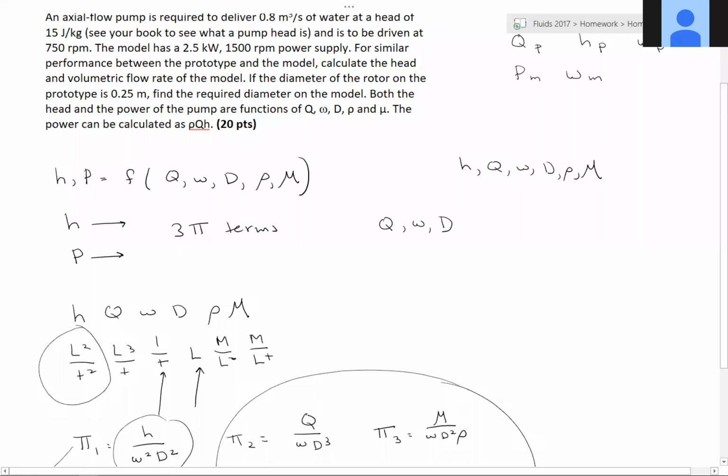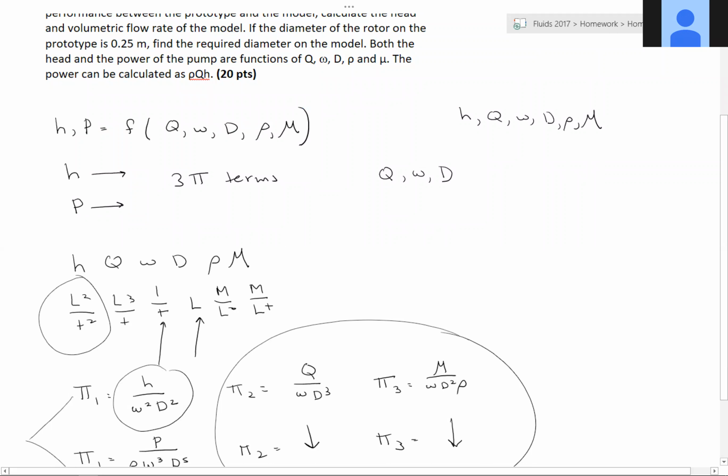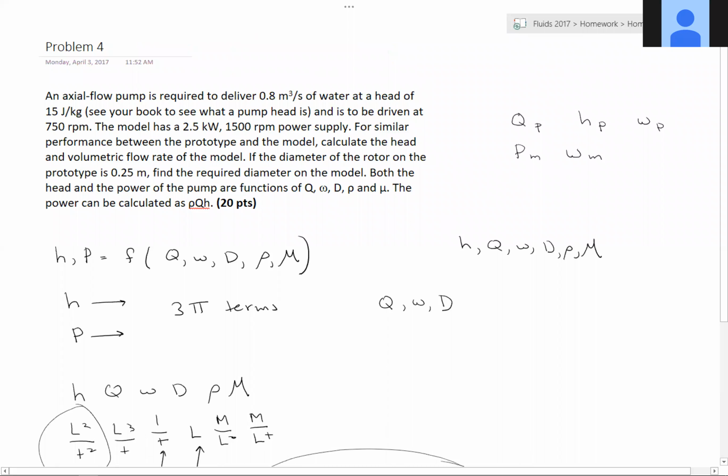So we could start with that, our H, but we don't have it, we have the head of the prototype, and remember what we're looking for, right? But what else do we have?